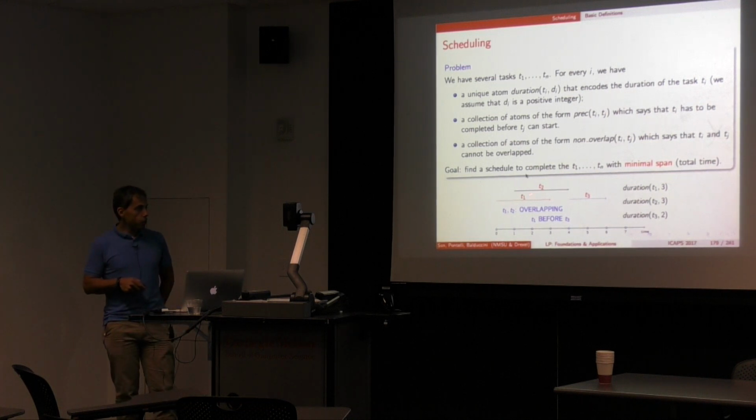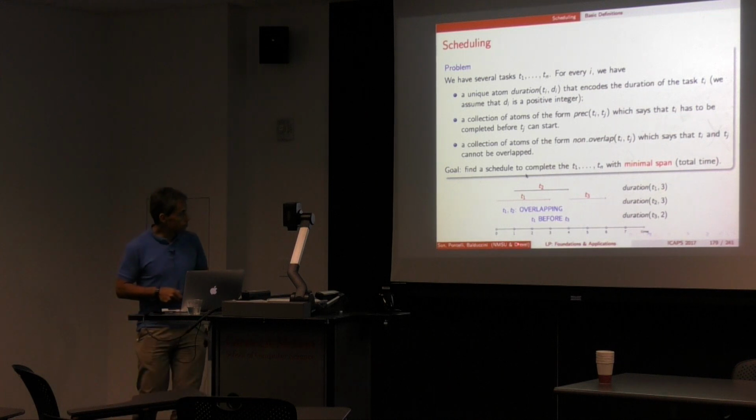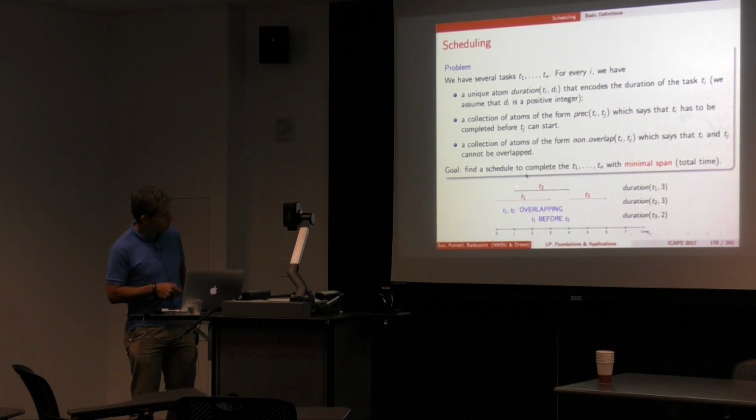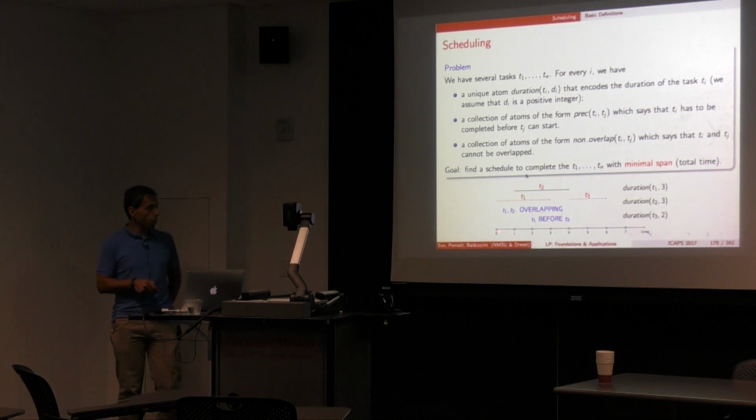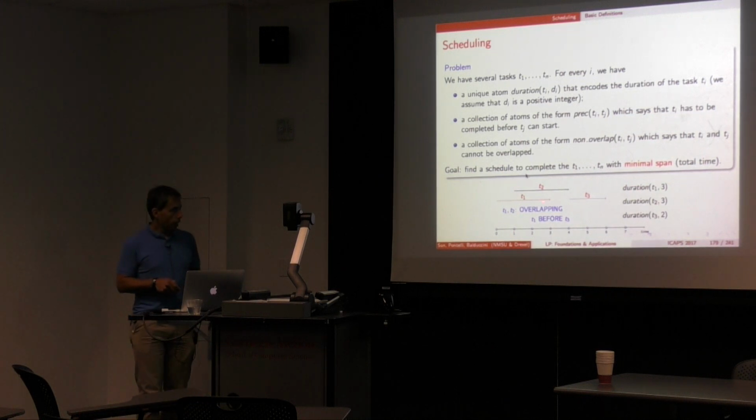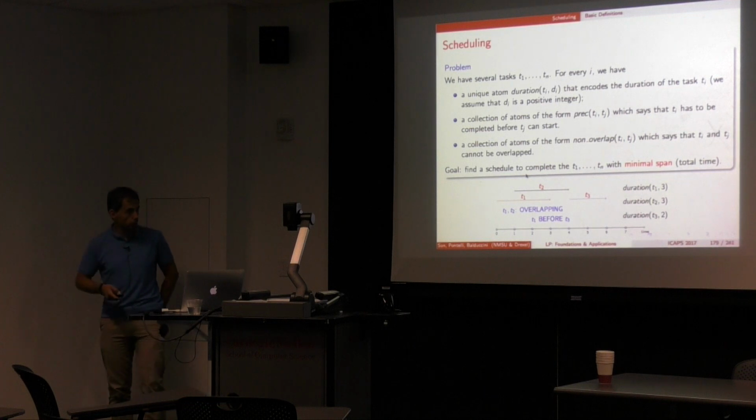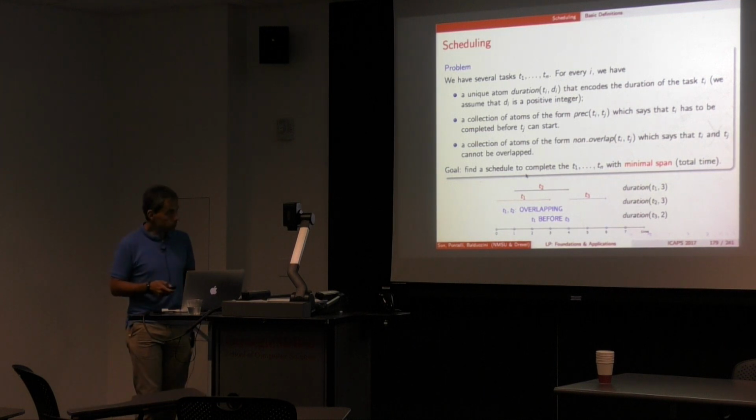If the start times are assigned in the way you see here, for example, task T2 starts at time 1 and task T1 starts at 0, it's easy to see that T1 and T2 are overlapping. T2 and T3 are also overlapping, and T1 occurs before T3 entirely. In fact, it completely precedes T3.